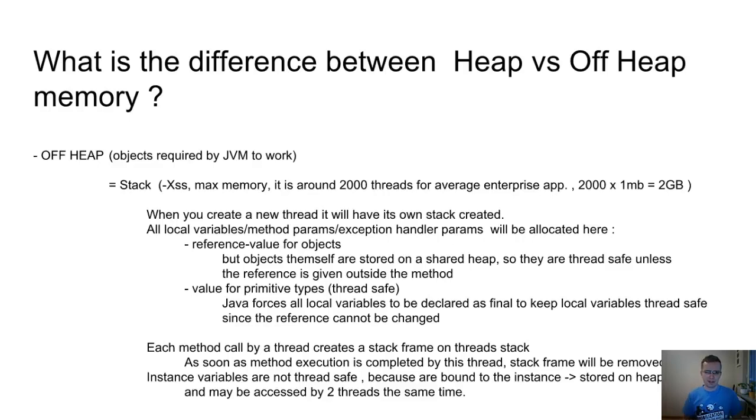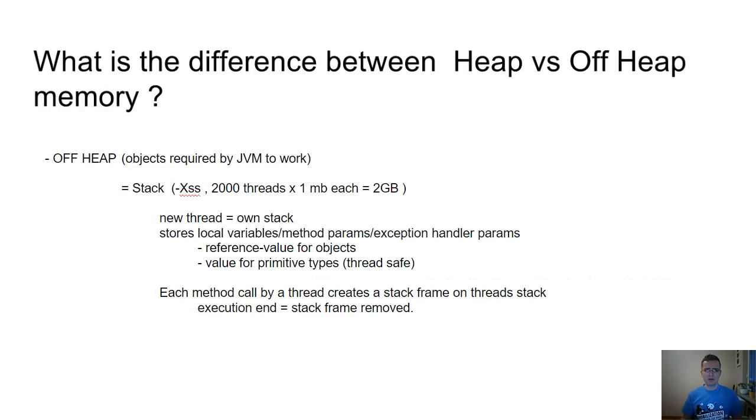So they are thread safe unless the reference is given outside the method. While for the primitive type, Java forces all local variables to be declared as final to keep local variables thread safe, since the reference cannot be changed.